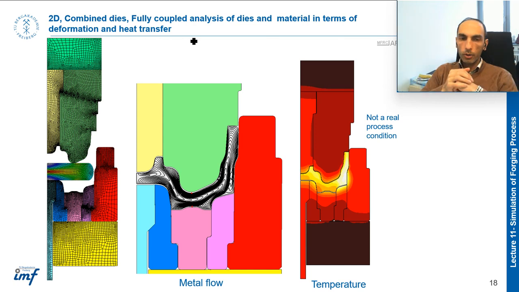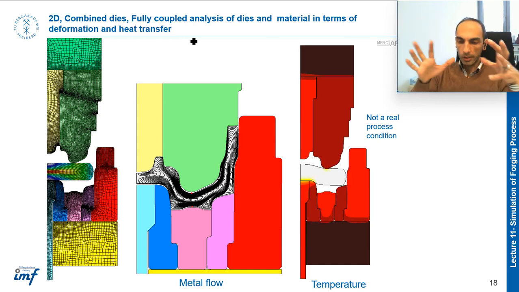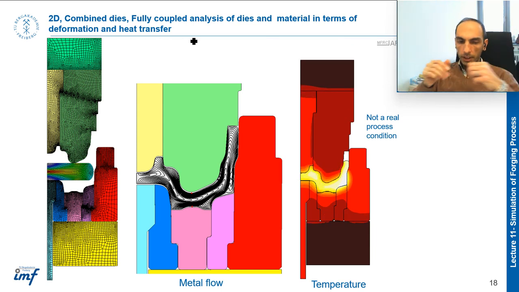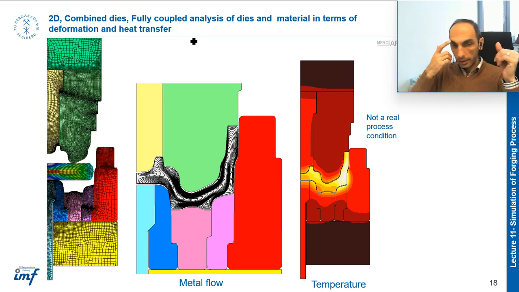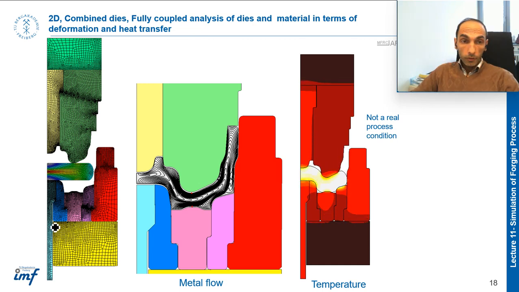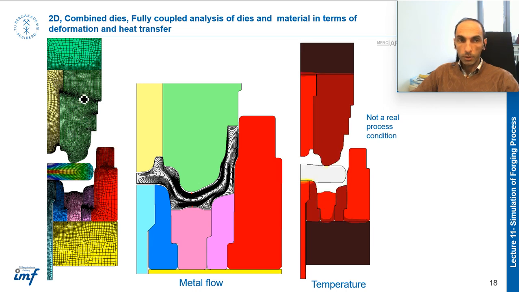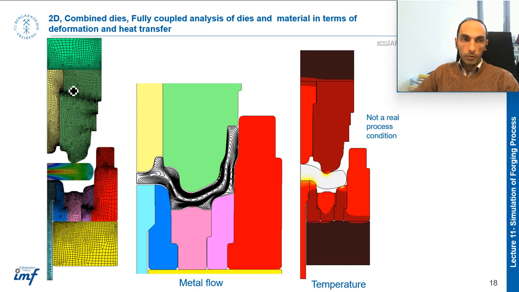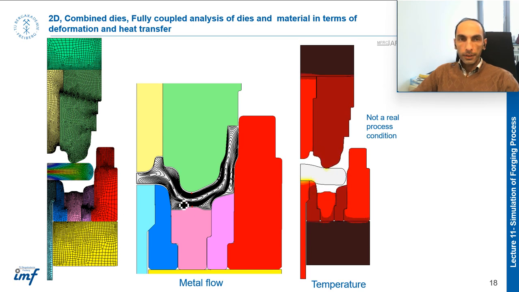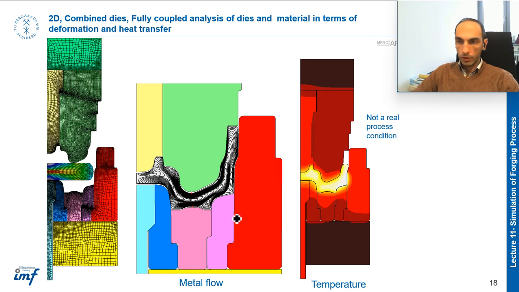Usually you have many more parts, for example, a supporting ring and some other parts. If you want to consider all the parts here, the workpiece, the upper die, maybe formed from different parts, and lower dies also, then you can give all this detail in your simulation in this way.